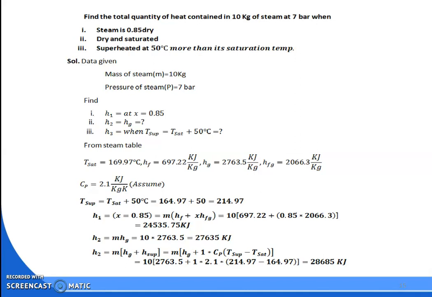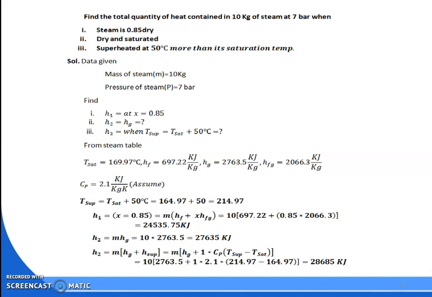So when we heat the water from 0 degree centigrade to a wet steam having dryness fraction 0.85, the total enthalpy required is 24535.75 kilojoule.